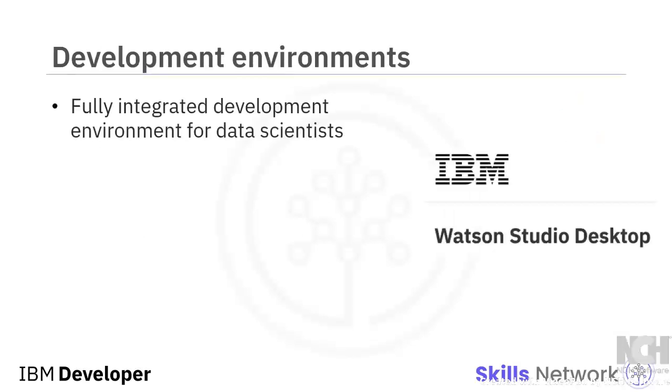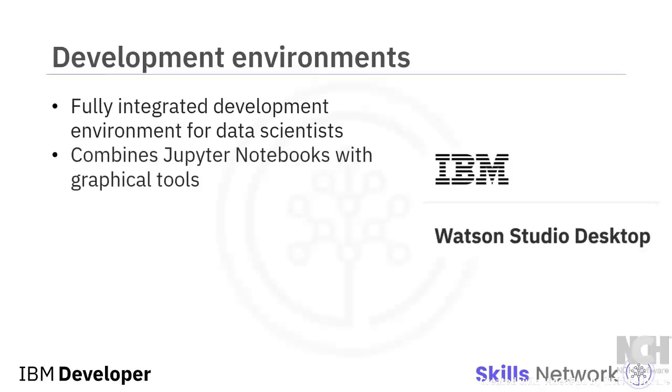Watson Studio is a fully integrated development environment for data scientists. Most people consume it through the cloud. And there is also a desktop version available. Watson Studio Desktop combines Jupyter notebooks with graphical tools to maximize the performance of data scientists.